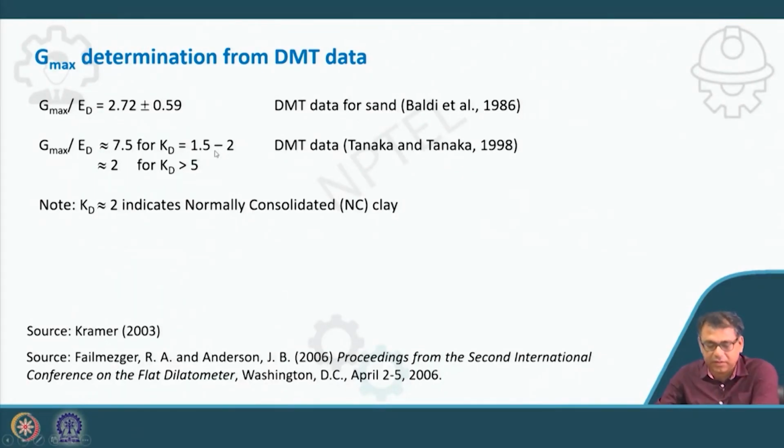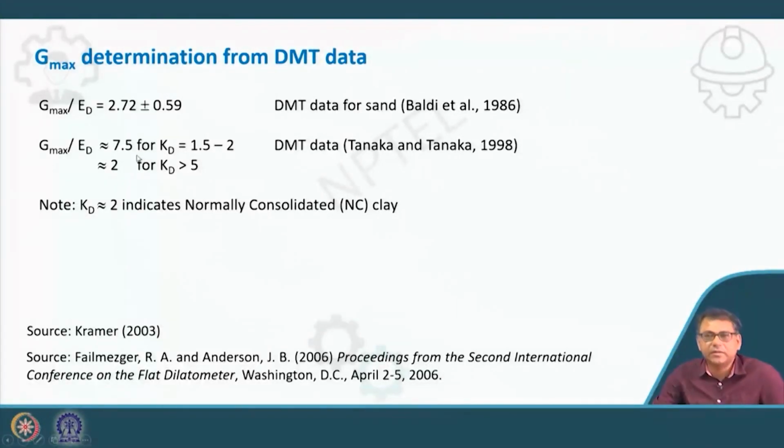For a general expression, it is given that Gmax by ED is 0.75 for KD equal to 1.5 to 2, and it is equal to 2 for KD greater than 5, and generally KD 2 indicates the normally consolidated clay. So the first one is valid for clay, and the second one is close to this expression, so that is valid for sand.